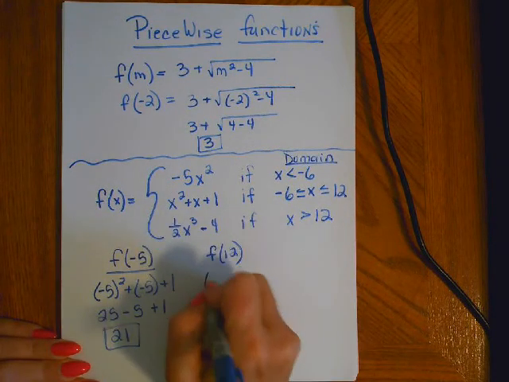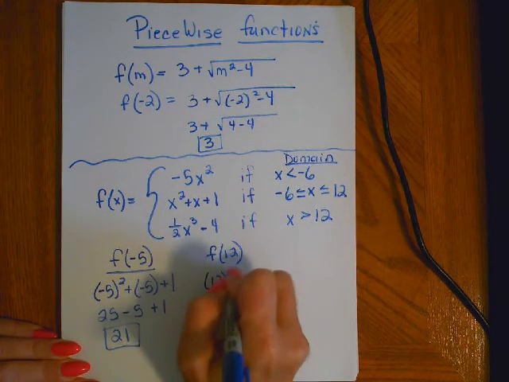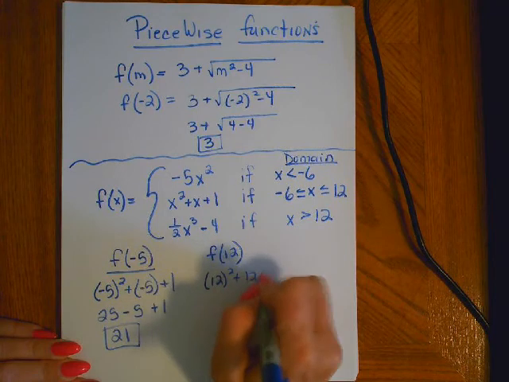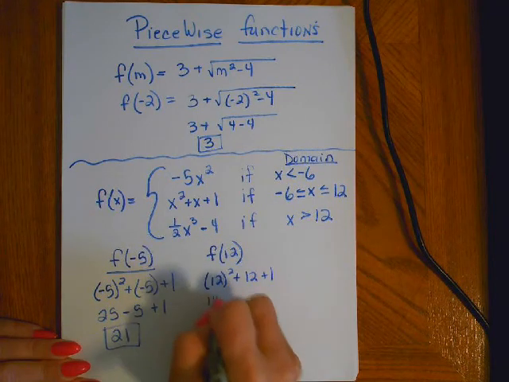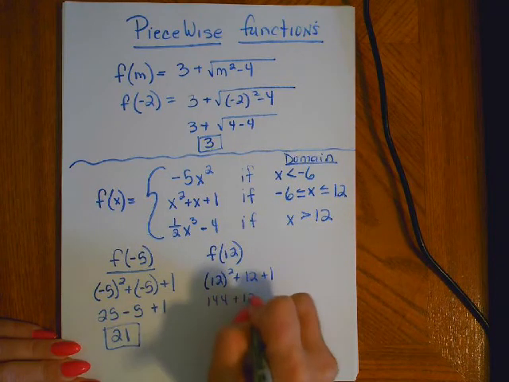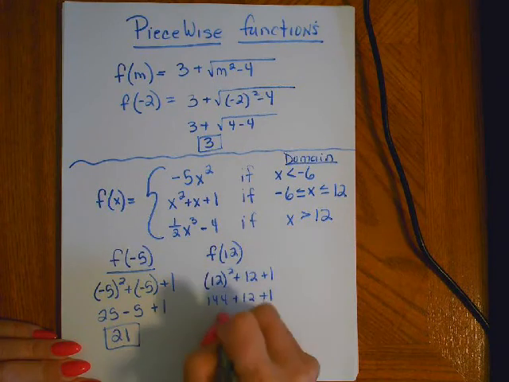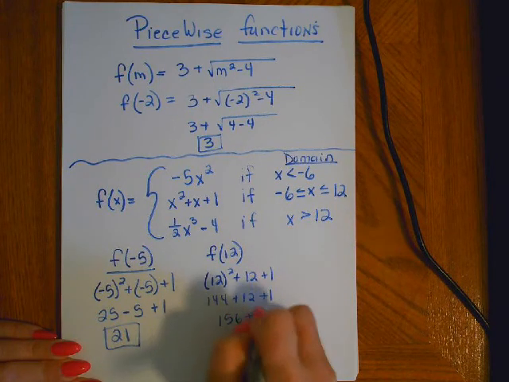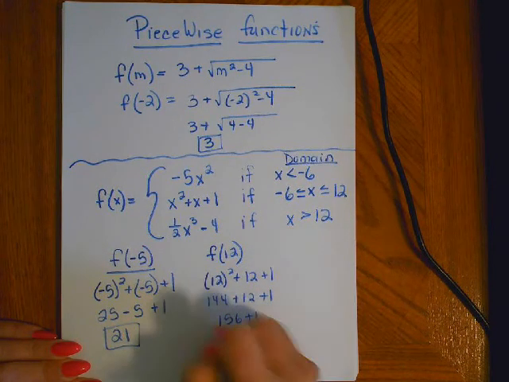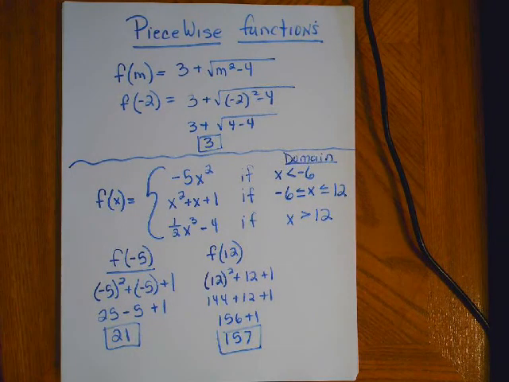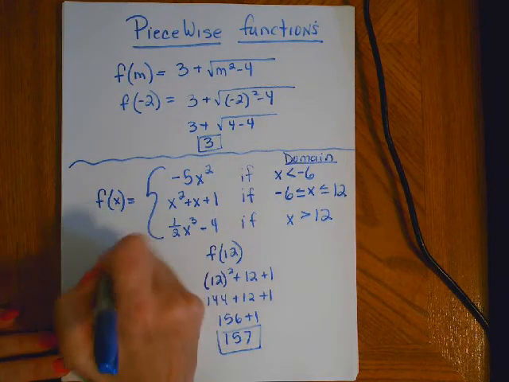Since you are 12, again, we're going to go into that same equation as before. 12 squared plus 12 plus 1, 144 plus 12 plus 1. This is 156 plus 1, 157. Okay, and that's how you're going to find function value when you are using a piecewise function.